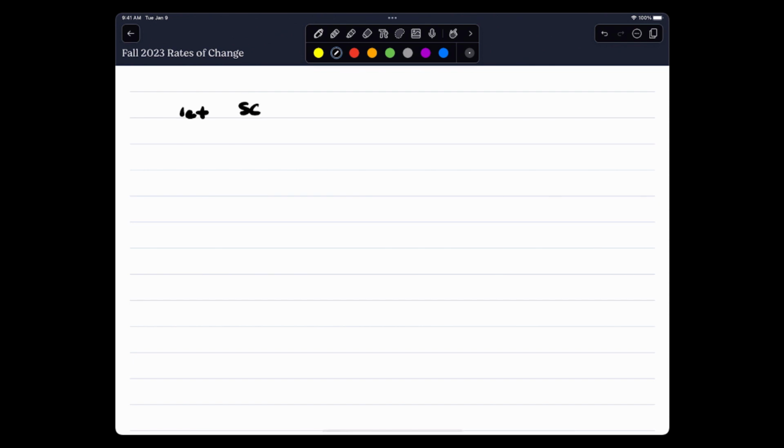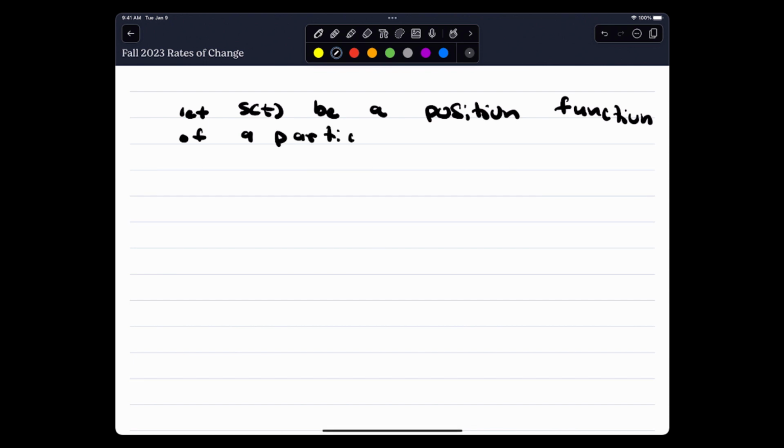I'm going to give you some background on this. Let S of t be a position function, and we think of it as a particle moving on a straight line.